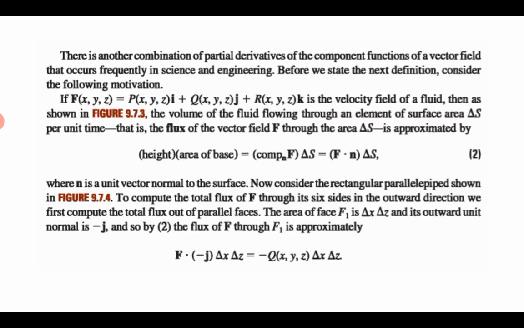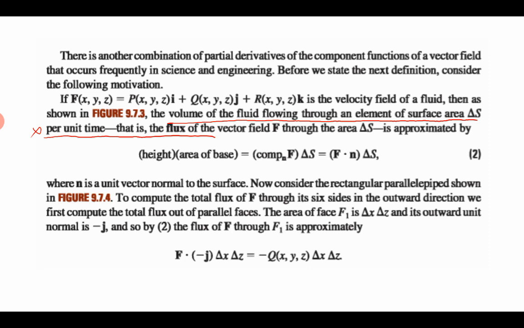Derived here, finding the flux, the dimension of flux is given. The volume of fluid flowing through an element of surface area dS per unit time is flux. Right? Physically, that is the definition. Obviously, you can write flux is the flow of a fluid through a surface per unit time.